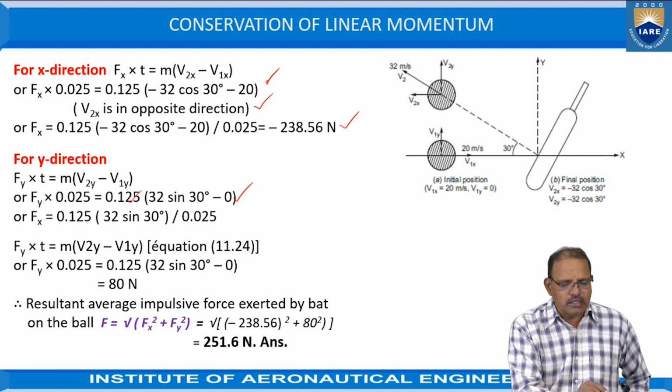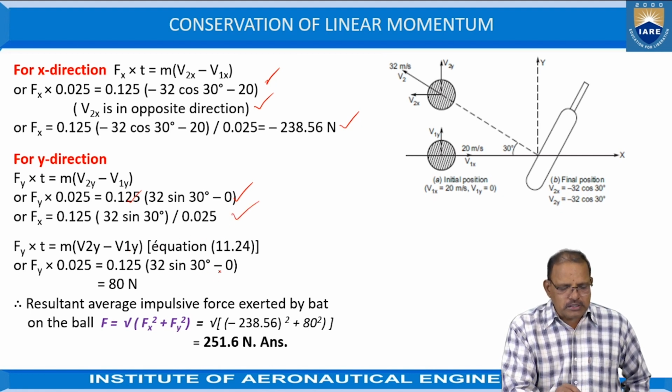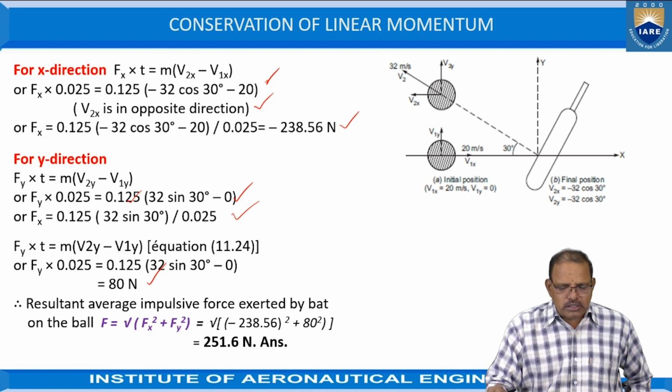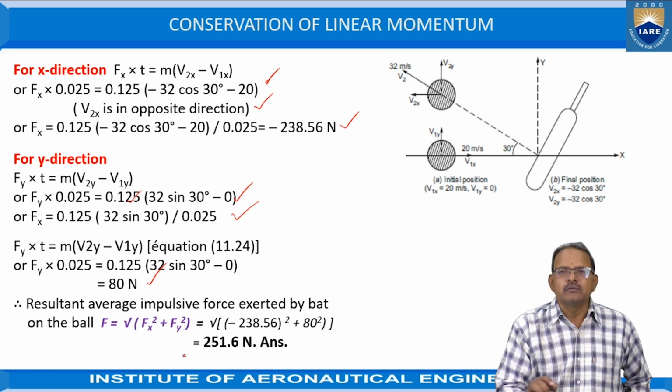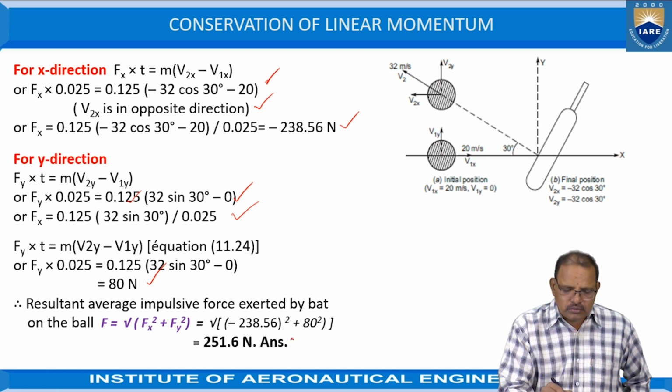From this relationship, we get Fy is equal to 0.125 into 32 sin 30 divided by 0.025, so Fy is equal to 80 newtons. The resultant impulse force exerted on the ball is given by F is equal to under root of Fx whole square plus Fy whole square. We get it is equal to 251.6 newtons.